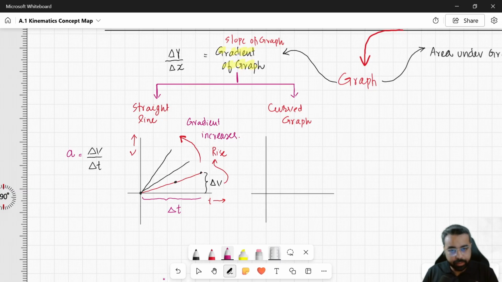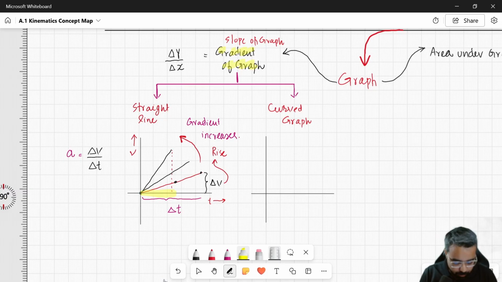Why does gradient increase? Because for a more steep line there will be a greater change in y and a smaller change in x, right? Don't you think that this is a change in y and this is a change in x? So when you divide them, the gradient will give you a larger answer.